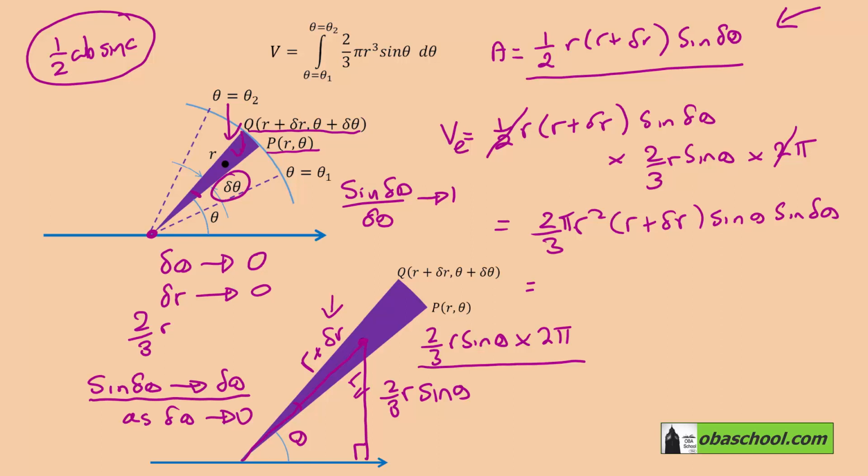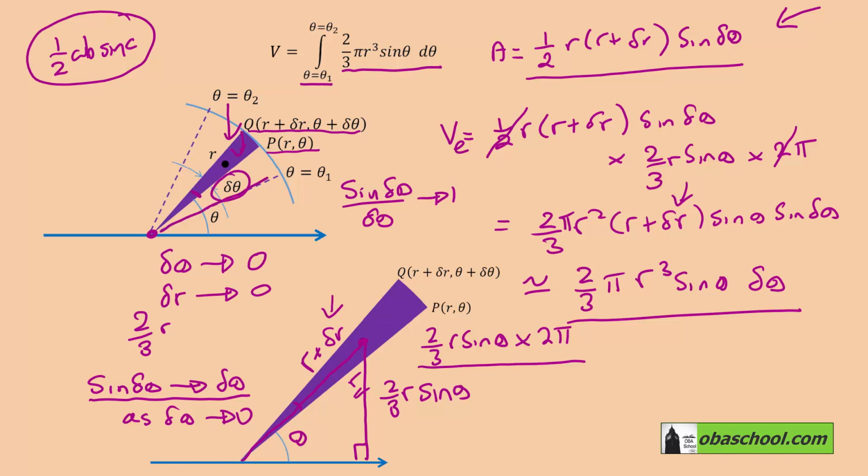And that means up here, what we end up with, and this is obviously going to be an approximately, because it's in the limit as delta theta tends to 0, but it's going to be 2/3 pi. We're going to get r cubed, because we'll consider the delta r to be 0, sine theta, and this one will just be delta theta. And that is what leads us to the integral here, where we integrate between theta 1 and theta 2.